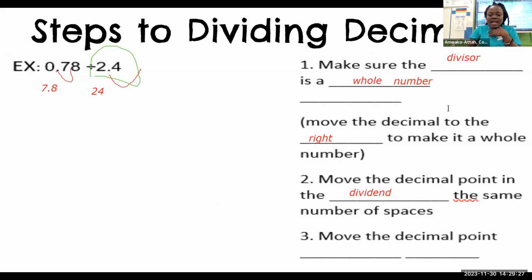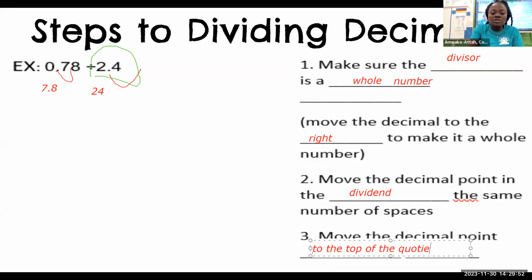What is the last step? Move the decimal point to the top of the quotient as usual.